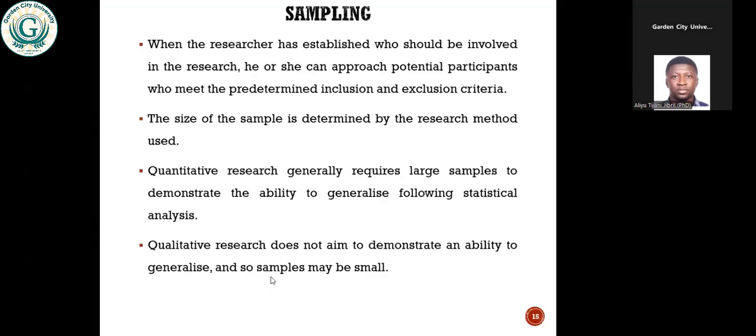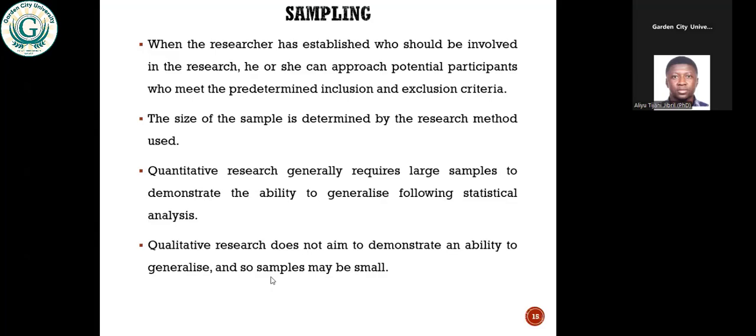Now, there are a number of sample size determination formulas that exist. One of the most commonly used is the Cochran formula, one of the most commonly used statistical formulas for determining sample size. We also have the Yamane formula, which is also quite used in research.